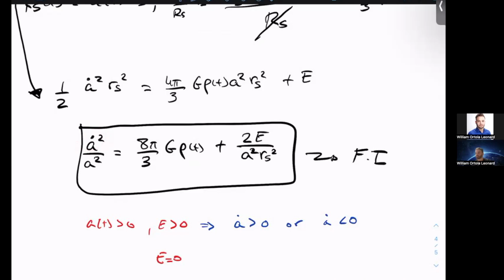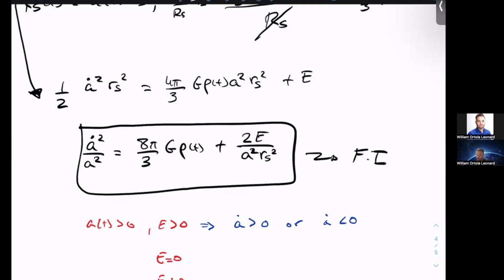And then finally, the last case will be if we have the energy being less than 0, okay? Then in this case, the potential energy will keep increasing until it reaches an asymptotic limit, which is going to be a dot reaching 0, at which point the universe will actually start collapsing onto itself.